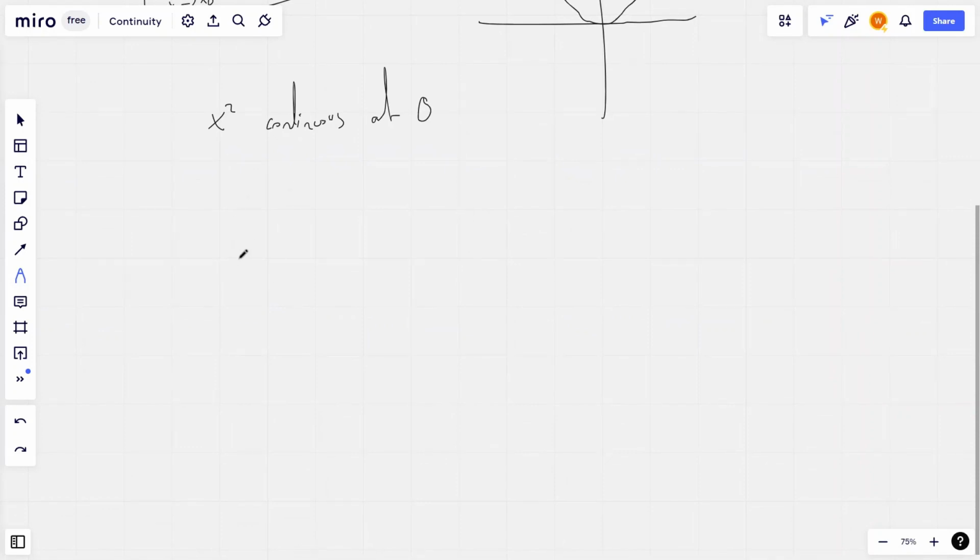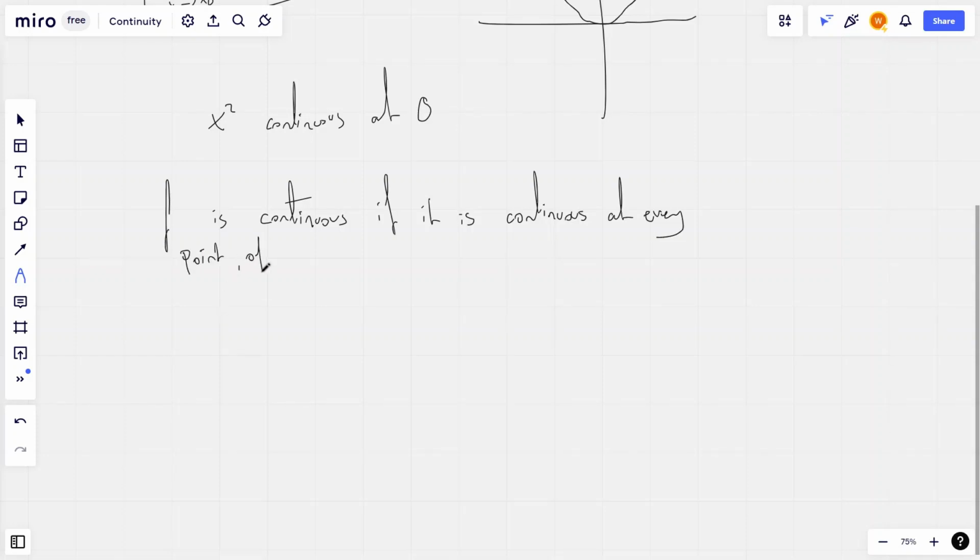Now we say that a function f is continuous if it is continuous at every point of its domain.